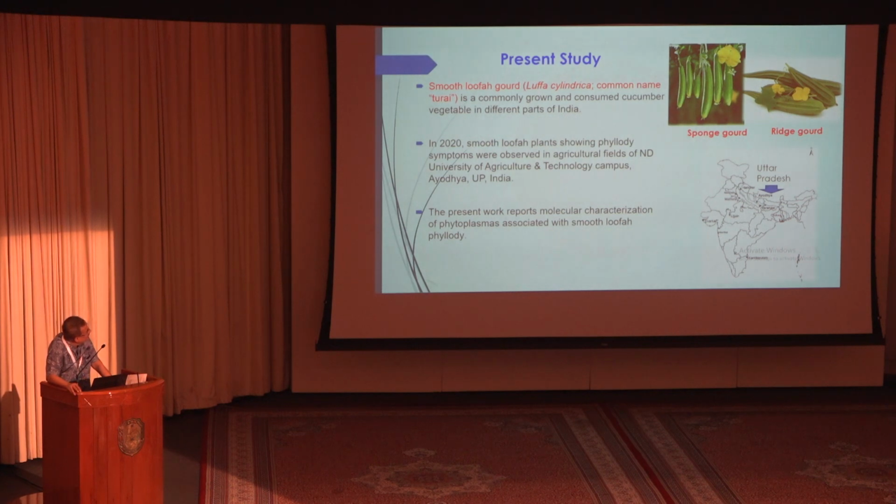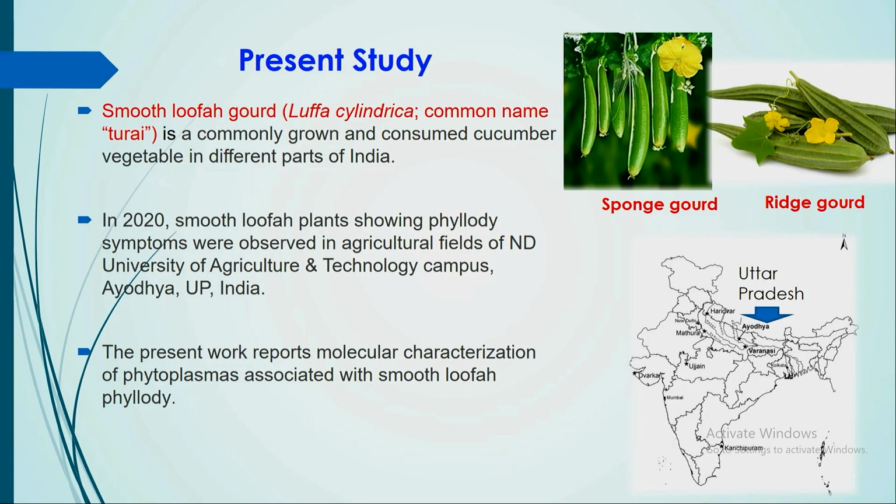We have 2 different common species of Luffa in India. You can see one with very smooth skin, that is smooth luffa gourd, and one is ridge gourd. Both are very common, but we recorded the particular phytoplasma suspected symptom in sponge gourd, that is smooth Luffa cylindrica, very commonly known as Turai in India.